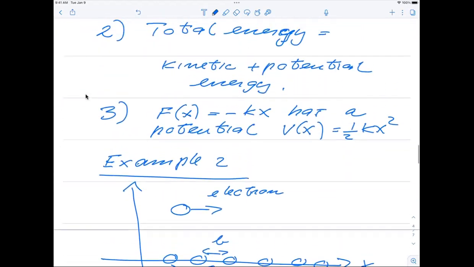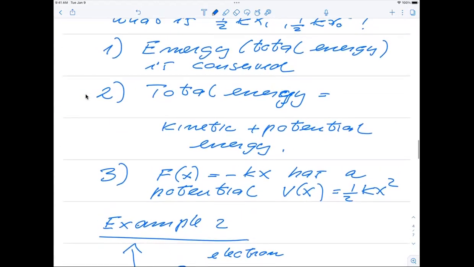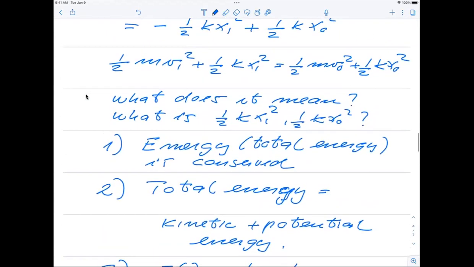And we had another force here which actually also depends on X. And what we found here, by using the work energy theorem, is that energy is conserved. The total energy, which contains kinetic energy plus potential energy, is actually conserved.